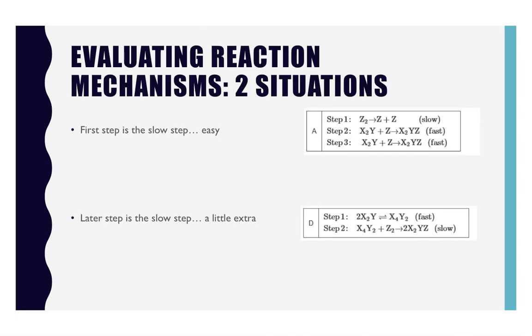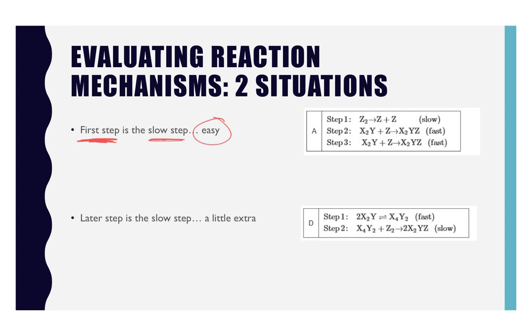Right. So if we understand what the rate determining step is, then evaluating reaction mechanisms gets much easier. Okay, so a couple things here. We're going to look at two different situations, and these are the two situations that you would be asked to analyze on a test. The one is the case where the first step in a multi-step reaction is the slow step. Figuring that out, or evaluating that reaction mechanism, is pretty easy, as we'll see.